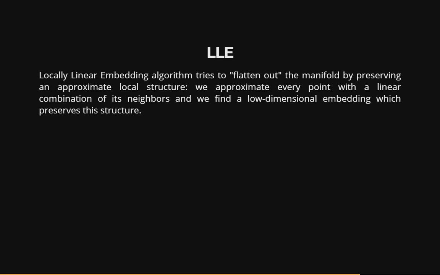Anyway, I was saying, locally linear embedding. We try to flatten out the manifold. So we try to write every point as a combination of the nearby points. How does this work? Well, obviously it doesn't work well on a big scale. Think about a sphere, take points on the equator. You cannot write the pole as a linear combination of points on the equator. But if you look close enough to one point, the nearby points will help you reconstruct it.